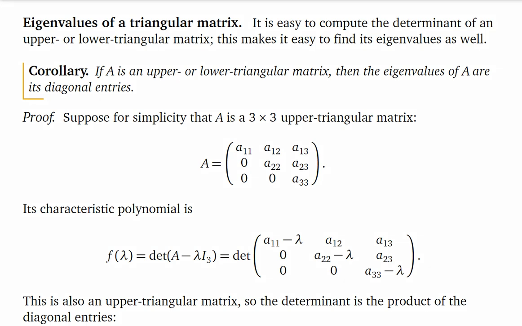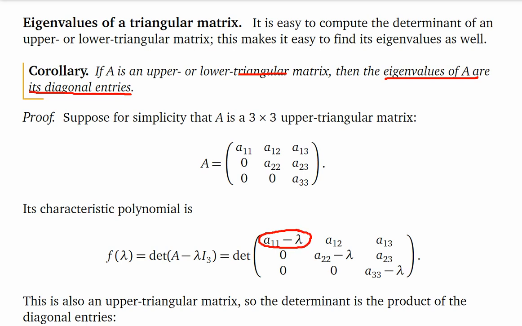I'm just going to mention one more property of the eigenvalues before I start cranking through some examples. Here's the key: in a triangular matrix, either upper or lower, the eigenvalues of A are the diagonal entries. That actually makes a bit of sense if you think about how I'm calculating the determinant.